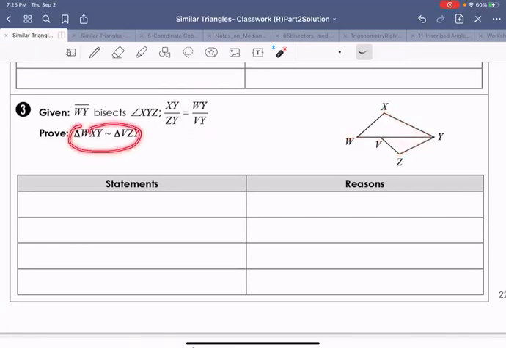Well, they want to prove these two are similar by what we reviewed just now. What do you think? Which one you want to choose? I think, yeah, AA. You want to choose AA? Okay, yeah, we can try. First, copy down. Go ahead. WY bisects XYZ. Reason? Given.